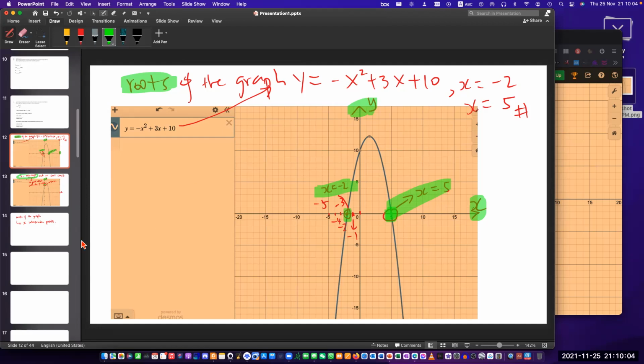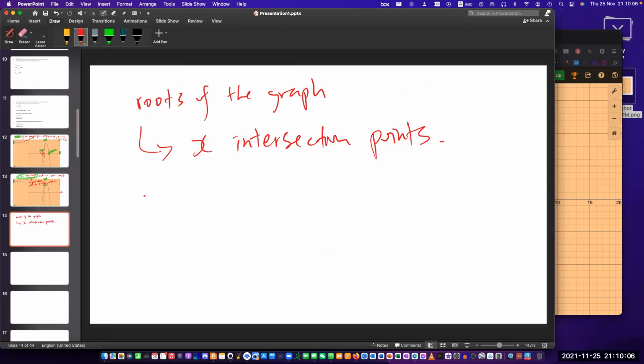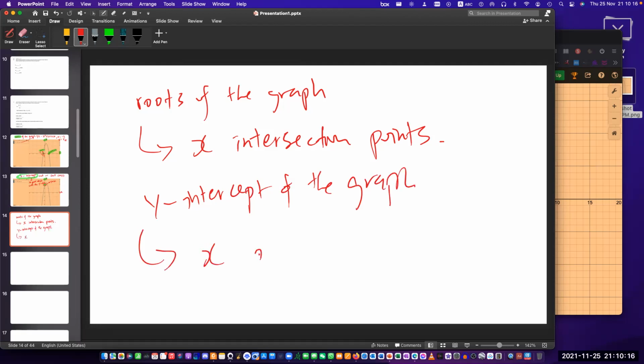So if they ask you for the y-intercept of the graph, they are asking you for the y-intersection point.